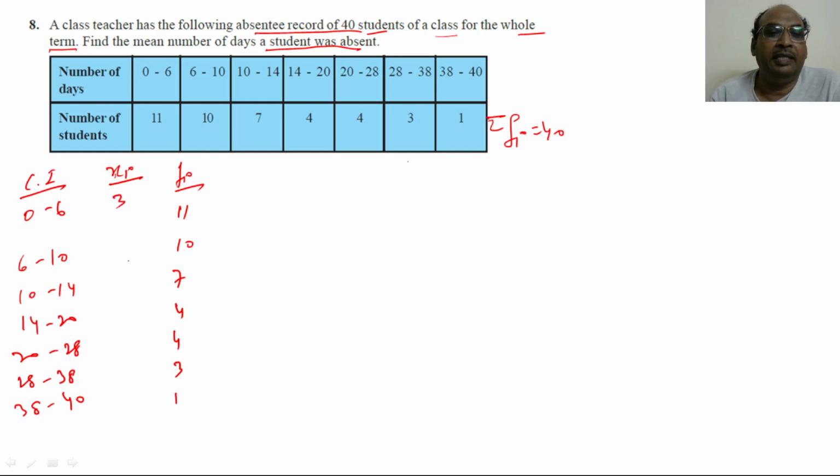Here we cannot add the class size as it is not common, so we have to add both limits together. 10 plus 6 is 16, divided by 2, so 8. Then 14 plus 10 is 24, so 12... 20 plus 14 is 34, so 17. 28 plus 20 is 48, so 24. 38 plus 28 is 66, so 33. Then 78, so it will become 39. Okay.